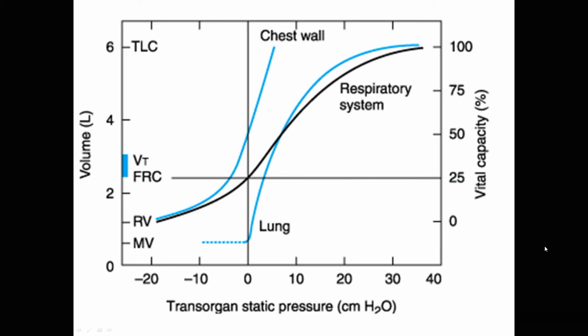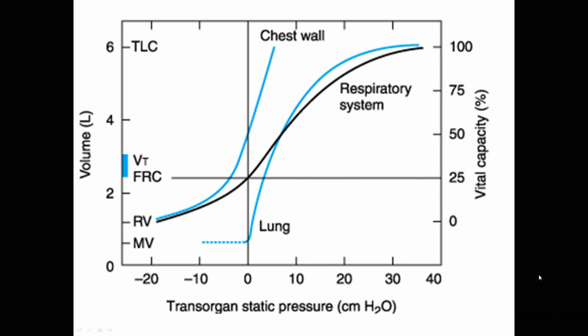The static properties of the lung include the compliance and the elastic recoil. Compliance is an intrinsic elastic property that relates a change in volume to a change in pressure. The compliance of both the chest wall, shown here, and the lungs contribute to the integrative curve of the compliance of the respiratory system.